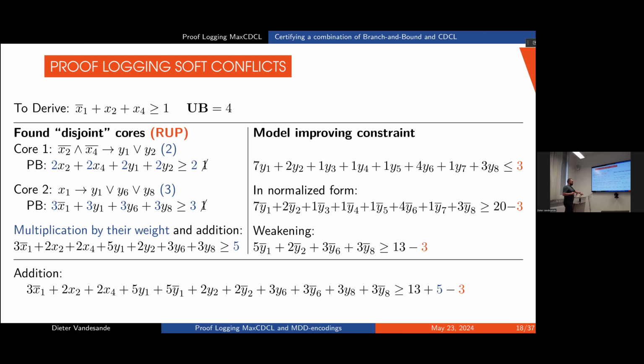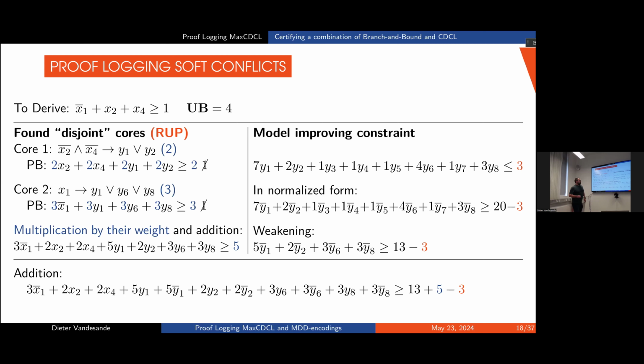And now if you look here, 5y1 plus 5 not y1, that's definitely 5. If y1 is 1, then this will give me a value of 5, but this one will be 0, and the other way around. So if I add up 5 plus 2 plus 3 plus 3, I get 13.